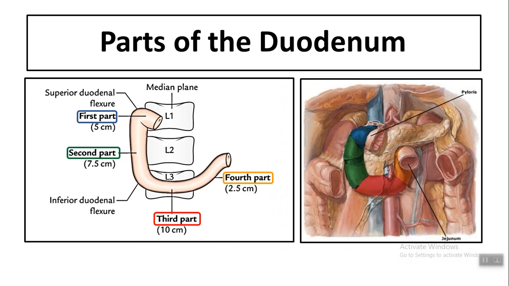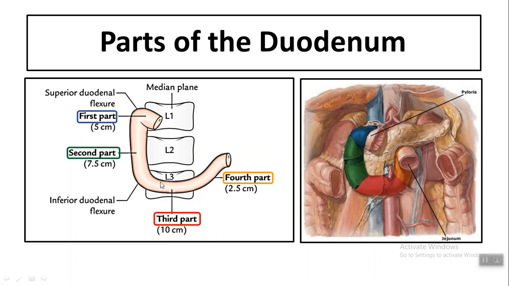For descriptive purposes, we can divide the duodenum into four parts. The first part lies at the level of the first lumbar vertebra at the transpyloric plane. The second part, called the descending part, lies on the side of the second and third lumbar vertebra, and receives the opening of the bile and pancreatic ducts.